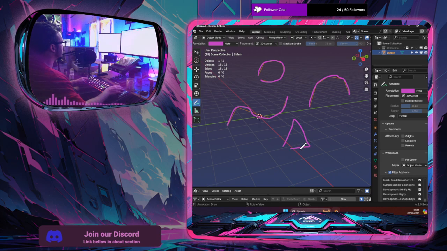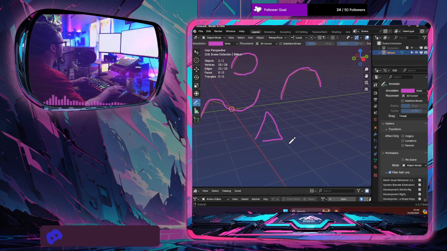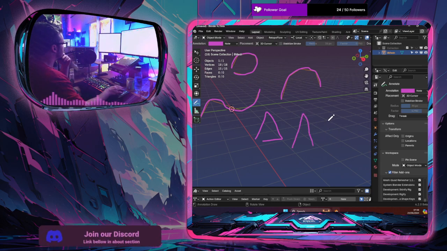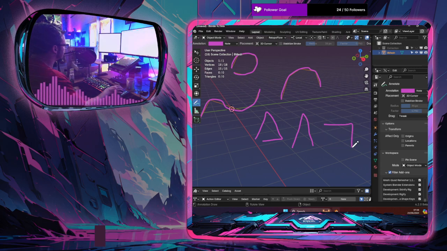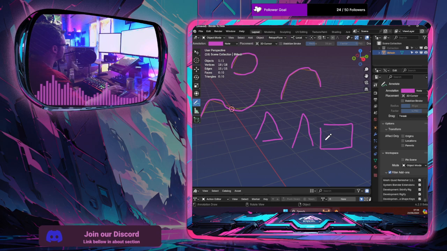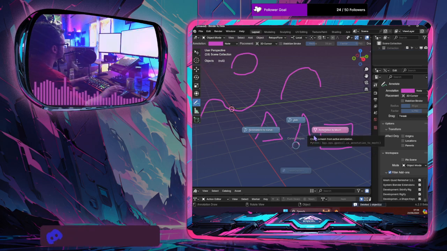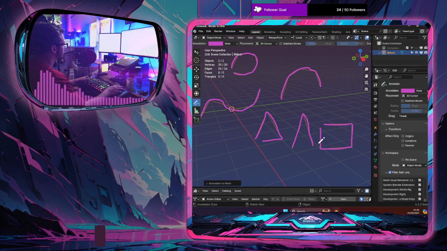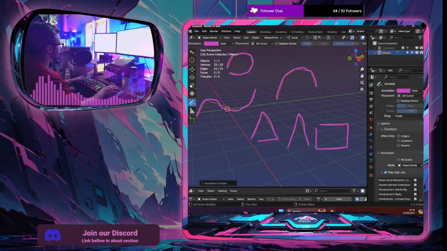And this should be a triangle. This should be an arrow. And this should be a square. Yeah, and it is.